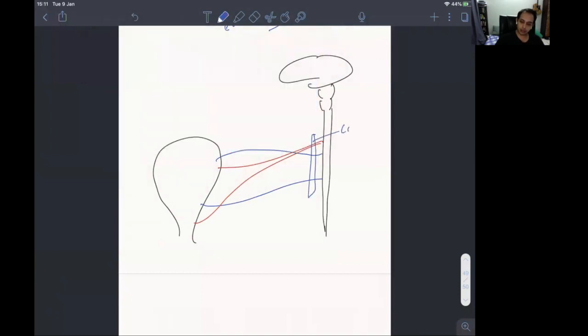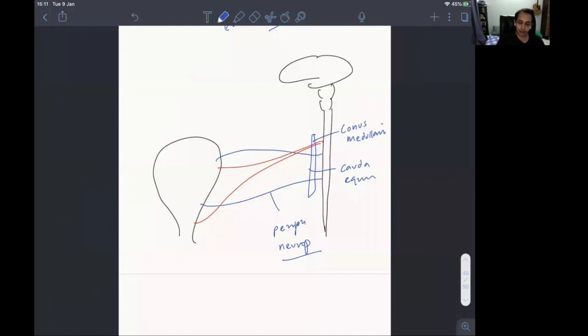You can have a conus medullaris. Now, if you remember from our discussion of paraparesis, you can have a conus medullaris, you can have a cauda equina, or you can have a peripheral neuropathy. So any one of these can cause an infrasacral lesion.